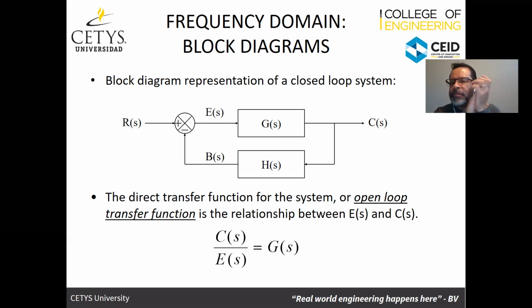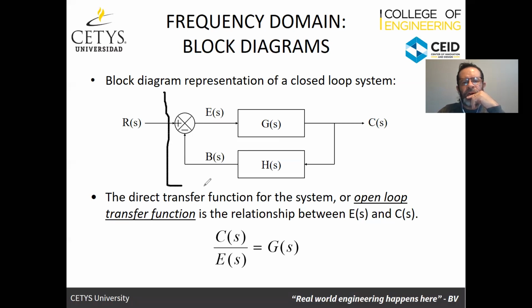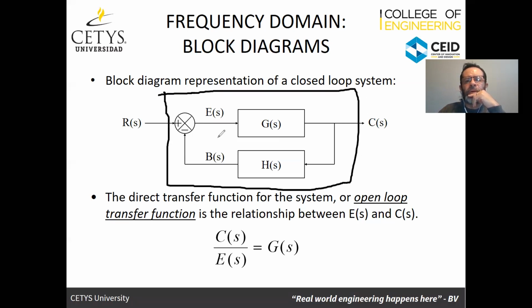We can actually name them however we want, but usually in control systems theory and books, these are the names that are used. That's how they're tagged. So we're going to use those also. Remember that this system in the end represents one major box, which is the system that we're analyzing, whatever system we want to analyze.